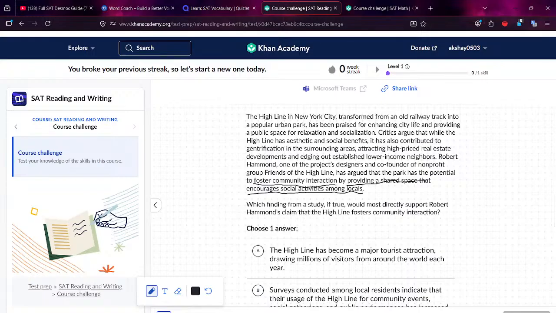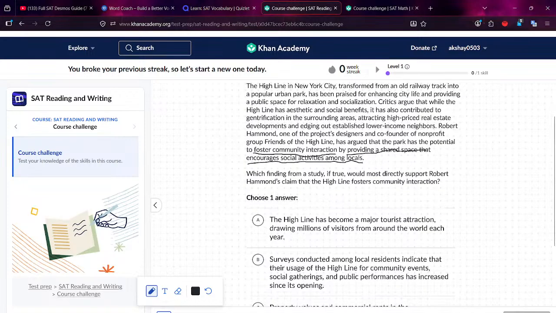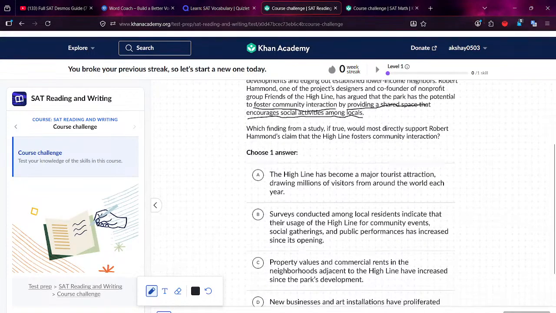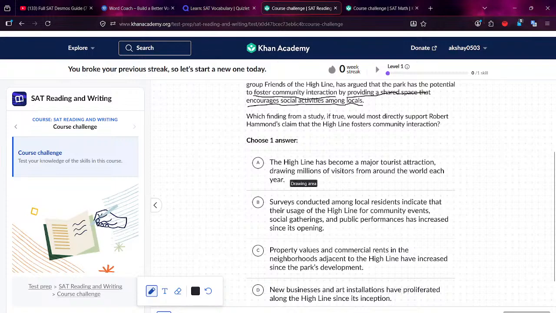So what supports that? So we look here, the High Line has become a major tourist attraction. If it's a major tourist attraction, does that prove that it fosters community interaction? Community interaction.